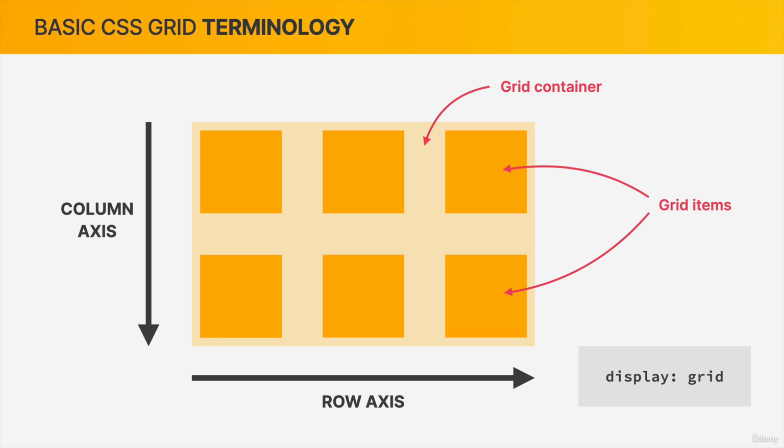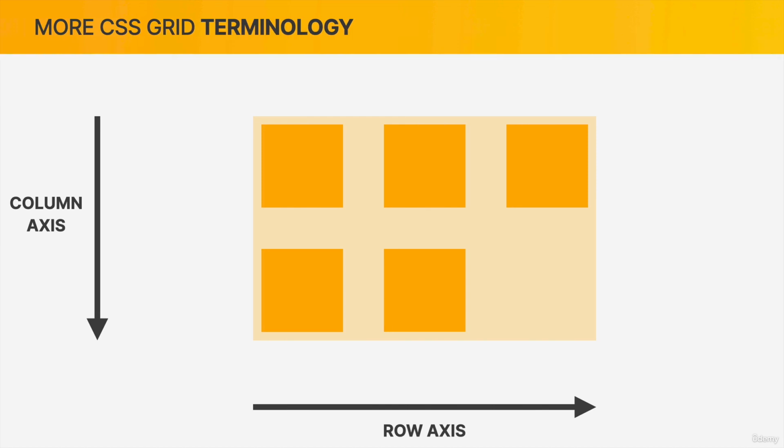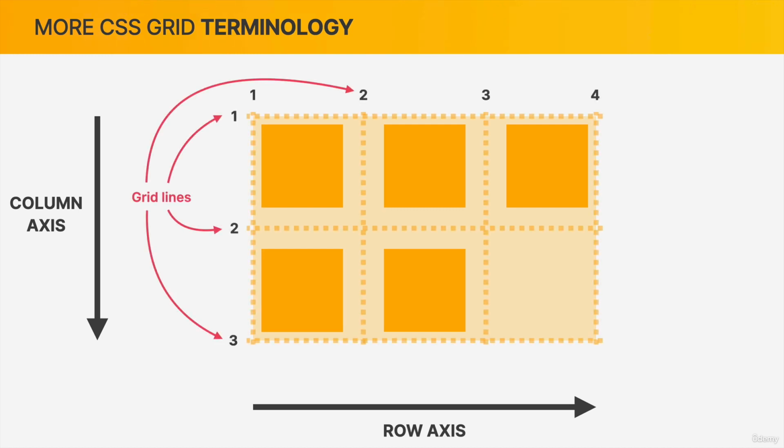However, since two-dimensional layouts are a bit more complex, we need actually some more terminology in order to really understand what's going on. So let's look at some more terminology here. So this is what we just saw before, but now let's also introduce the concept of grid lines, which are these lines which basically divide up the grid and separate the columns and the rows.